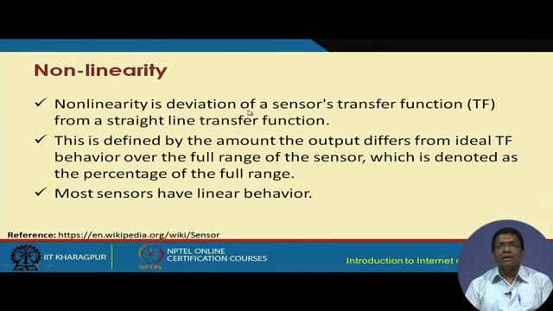So, this non-linearity is the deviation of the sensor's transfer function from linearity. This is basically defined as the amount of the output that differs from the ideal transfer function behavior over the full range of the sensor.